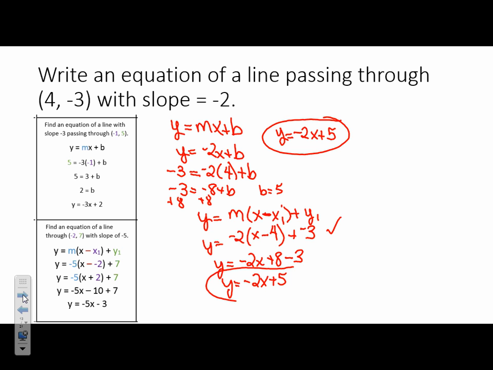Which way is faster and easier? You can do the first part. There's nothing wrong with that. You choose what works for you. Okay? But they both work, and they both work well. I wanted to introduce you to point slope form because that can really make your life easy. Okay? One last example, number 16.